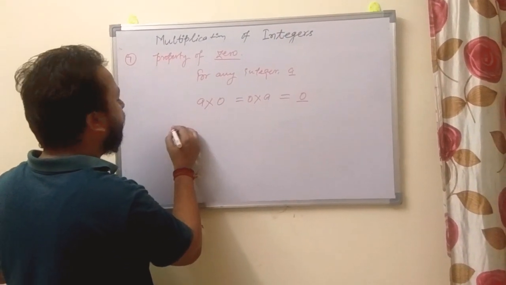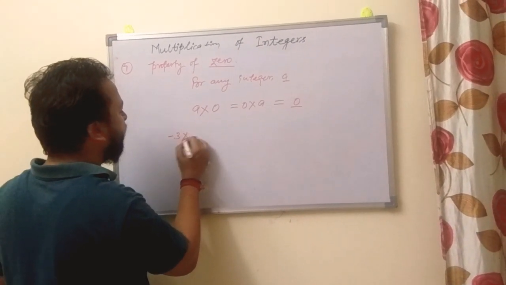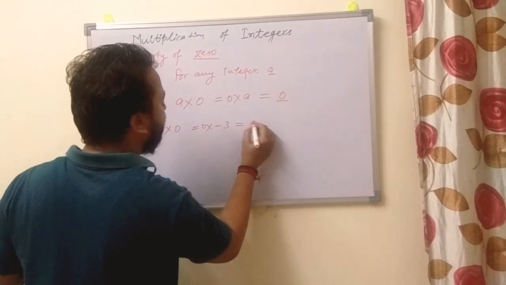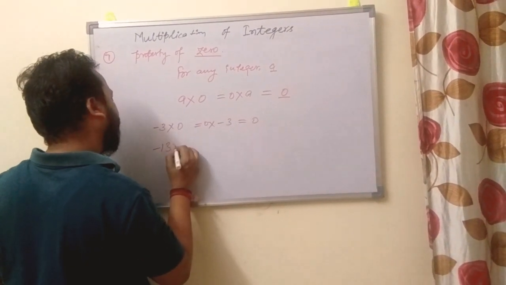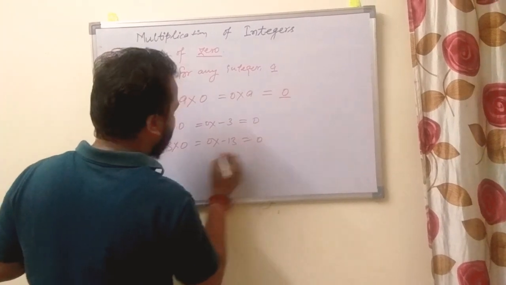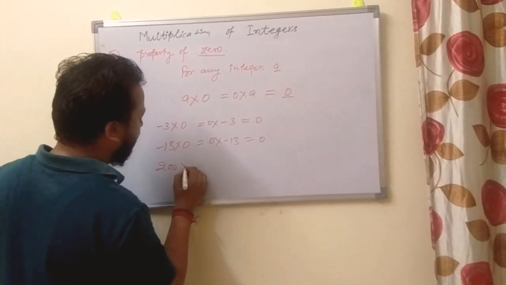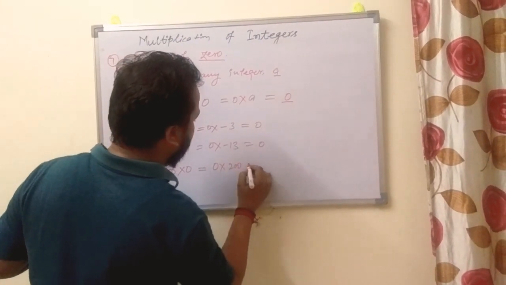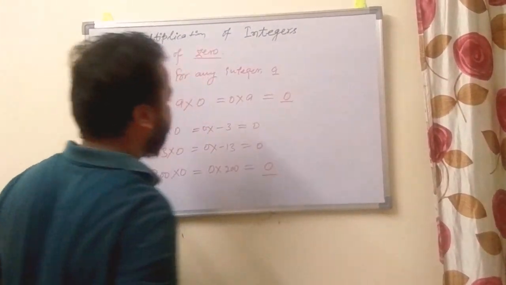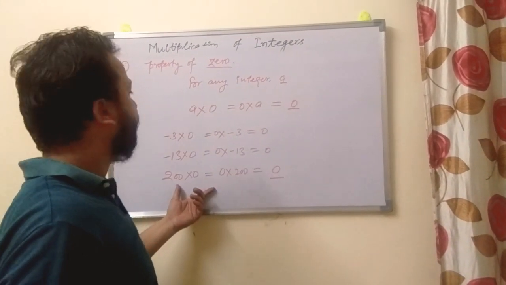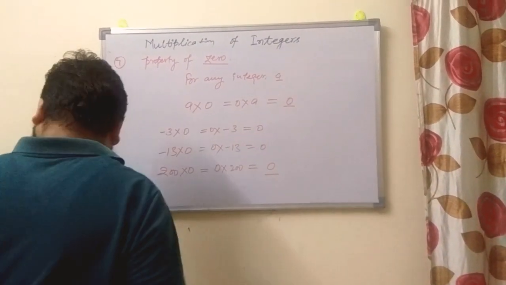Right? So -3 multiplied by 0 or 0 multiplied by -3 is 0. -13 multiplied by 0 or 0 multiplied by -13 is 0. 200 multiplied by 0 or 0 multiplied by 200 is always 0. Right? So this is the property of 0.